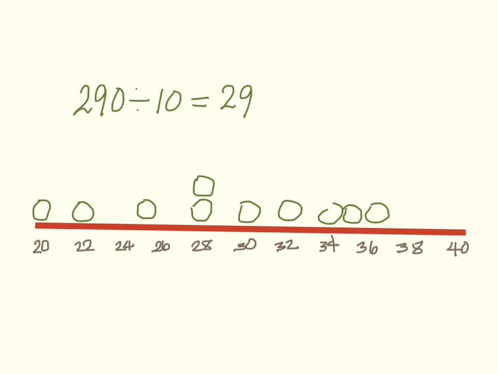The first thing I'm going to do is mark my mean just like I would a median. I want to know where it falls on the number line. The reason we're doing this is because we want to see how far these numbers are from the mean, how much they deviate from the mean. There is no number at 29, so all of them will deviate at least by a value of 1.